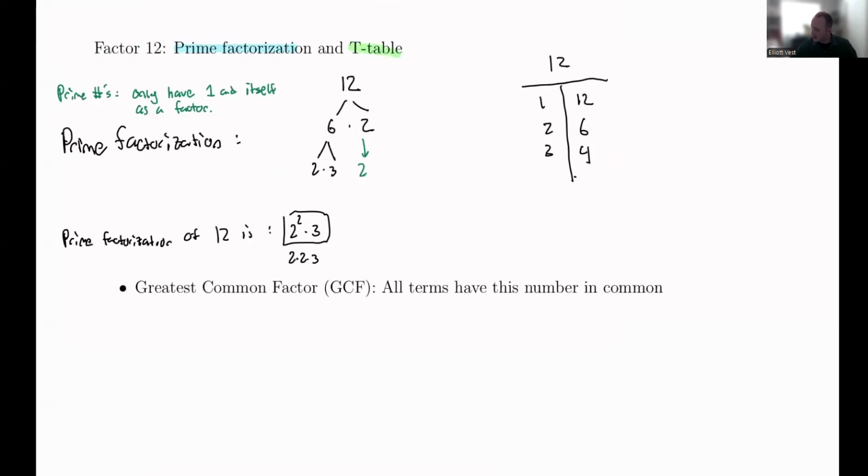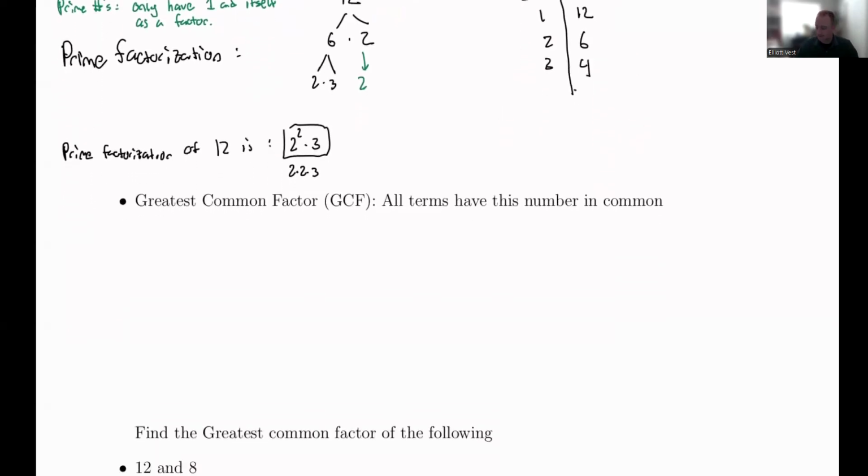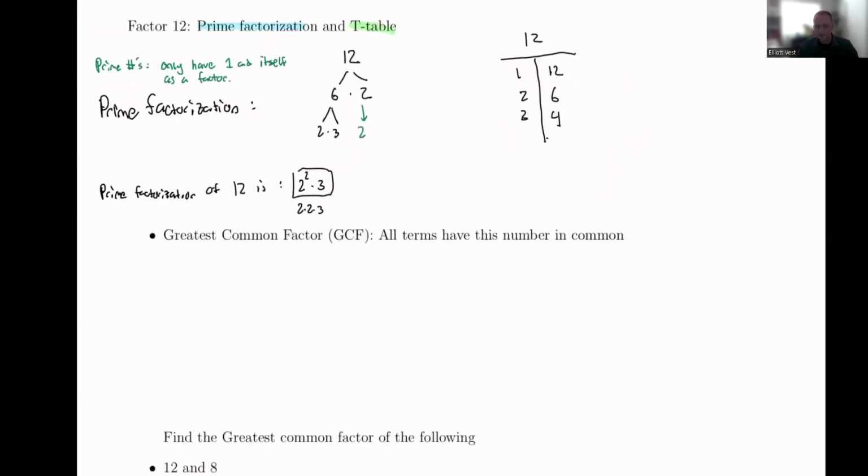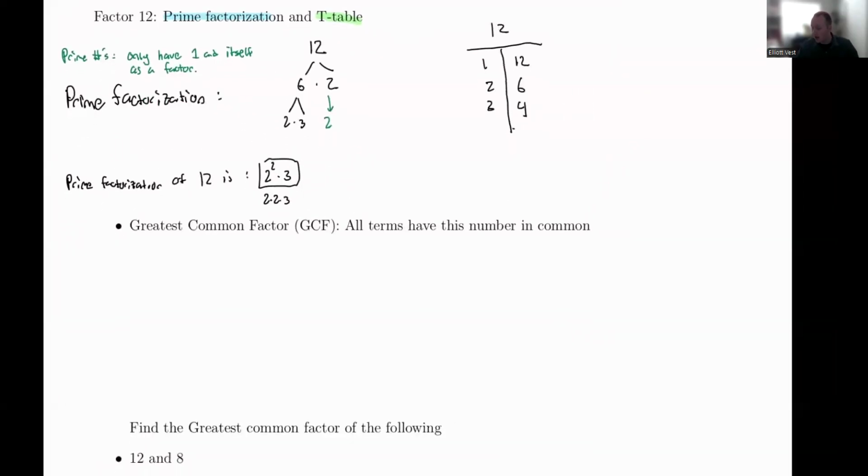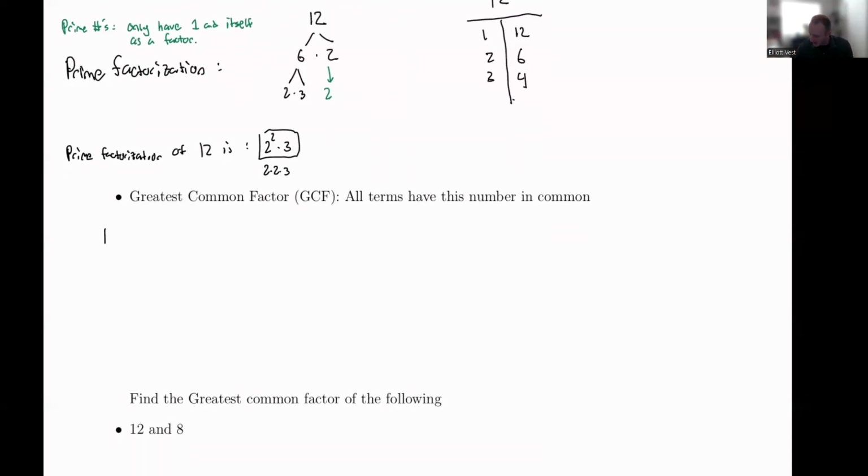And I like this way too. I think this way might even be more useful for this lecture, because it's easier to find the greatest common factor of a collection of terms here. So when I look at, let's just say, the number 12, what are all the factors of 12?